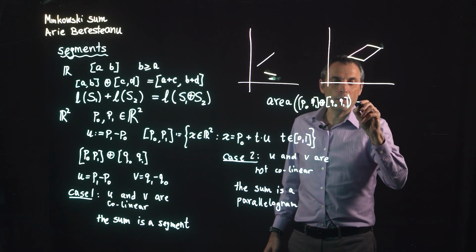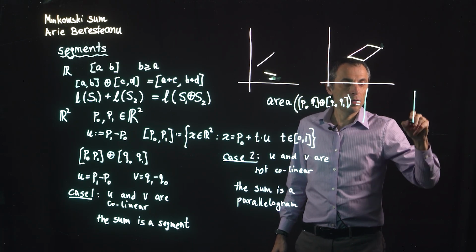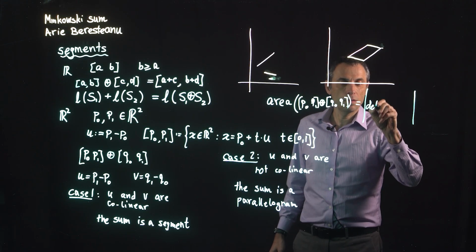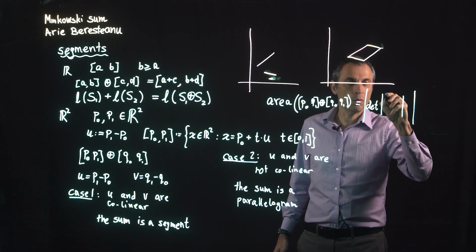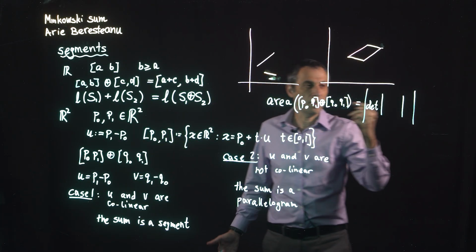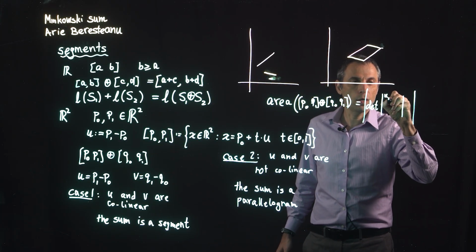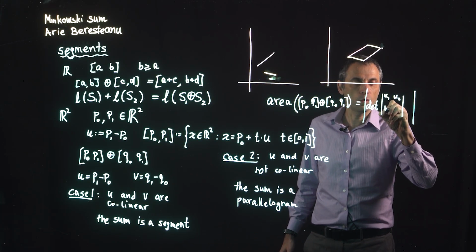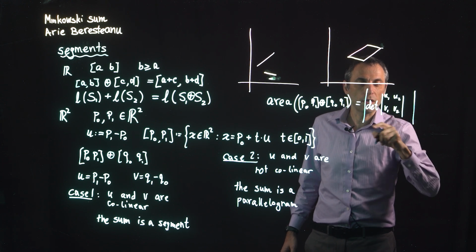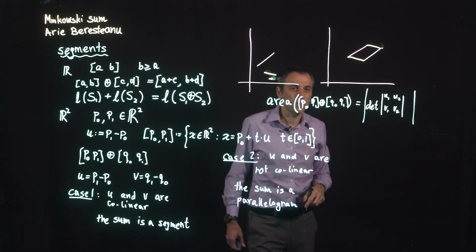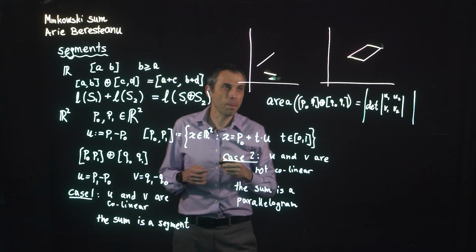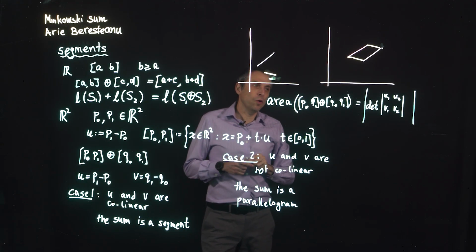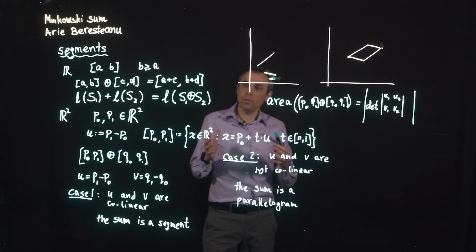It will be the absolute value of the determinant of the following matrix. We take the U and V vectors and put U1, U2, V1, V2. Take the determinant, the absolute value of it, and you can do the calculation. That's the area of this parallelogram. So that's the summation of segments in R and R2.